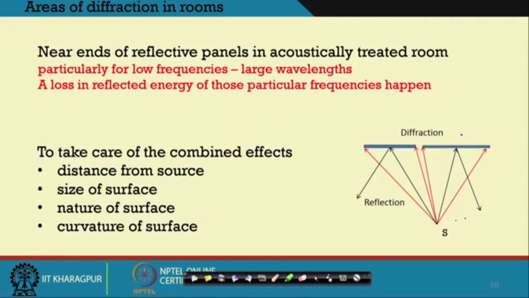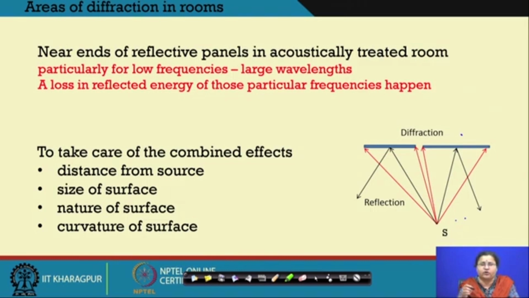Similarly, what will be the dimension of the diffusing surfaces, whether to allow diffusion or to trap some of the sound inside? We will come to the process of trapping in, that is absorption. In certain cases, we will look into how to take care of sound of a certain wavelength, by linking these phenomena to the wavelengths.